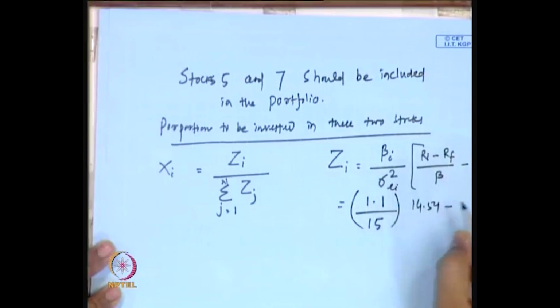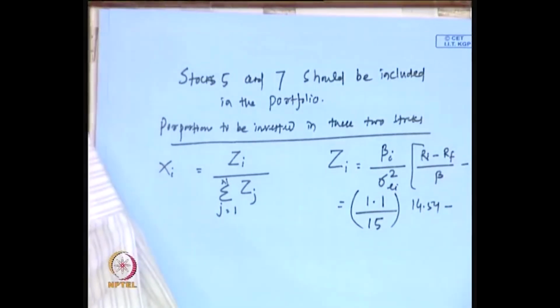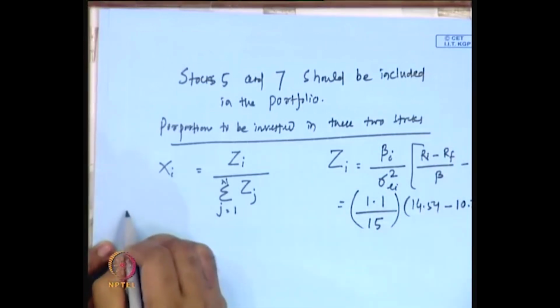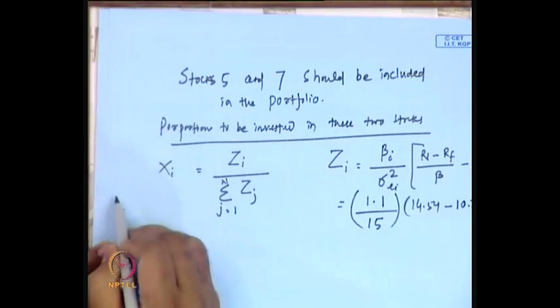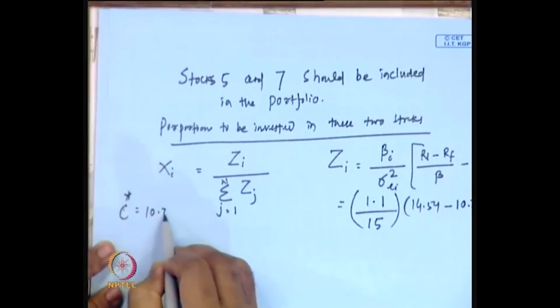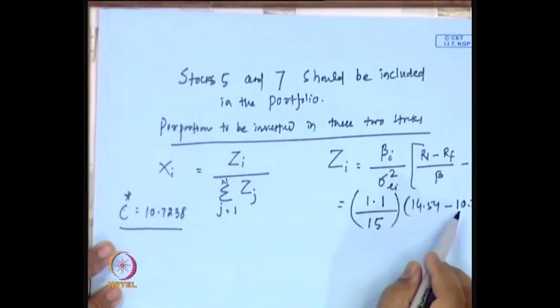And the cutoff rate is basically the maximum cutoff rate we have decided here, that is 10.7238. So this will be minus 10.7238, which is the optimal cutoff rate, generally defined as C star. So your C star is 10.7238, that is why 14.54 minus that.